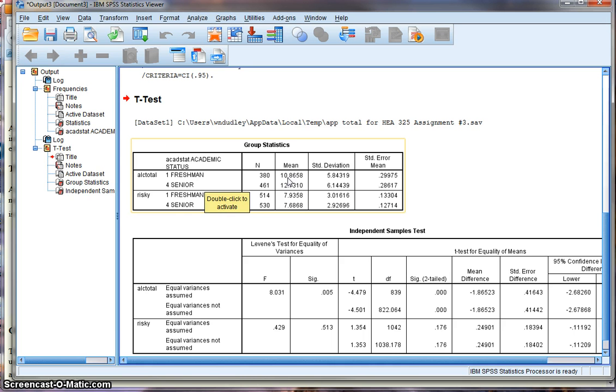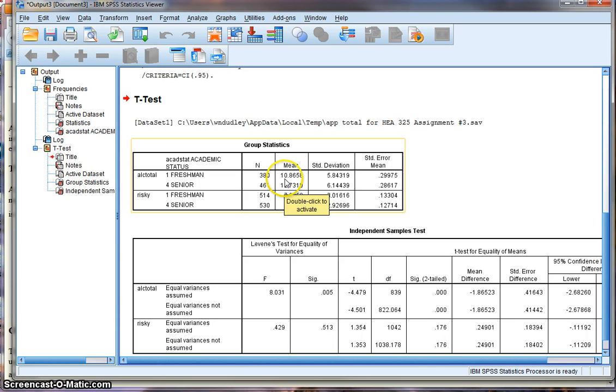Now, if we really have an informed hypothesis, we might say, as I did in a video or so ago, that I thought that seniors would be higher in alcohol consumption simply because they're older and they can legally buy alcohol. So there I have what's called a directional hypothesis.